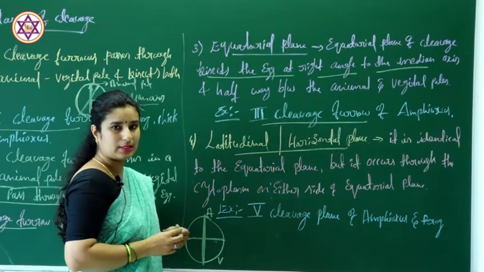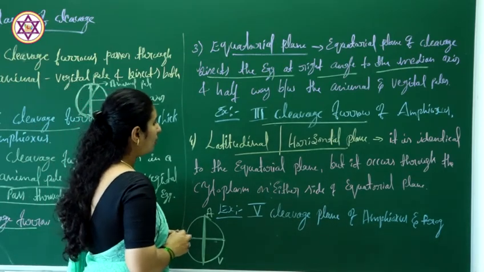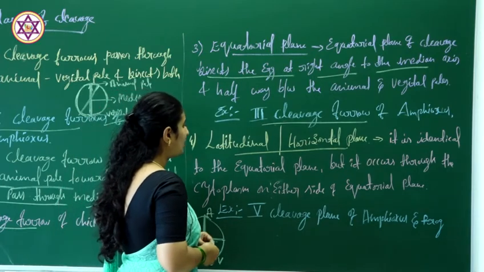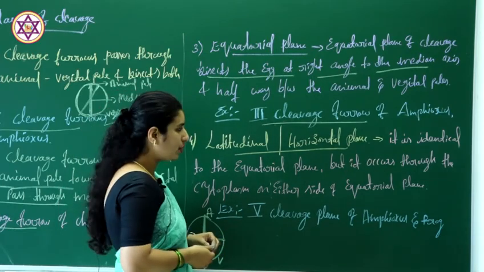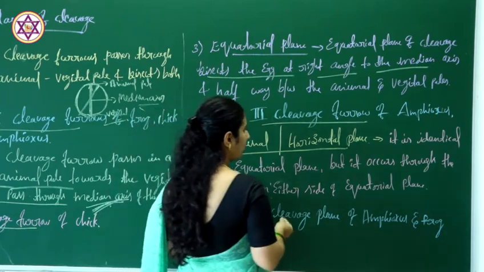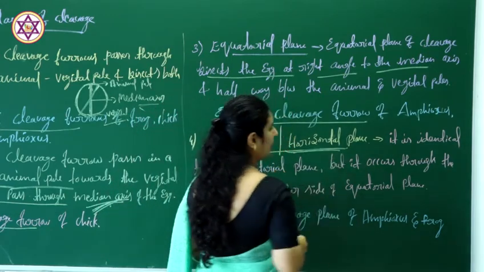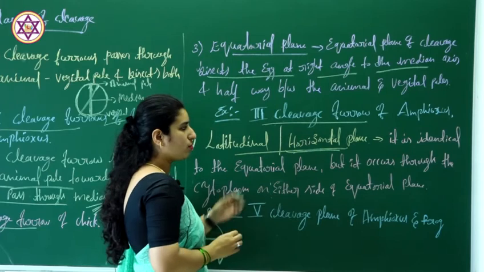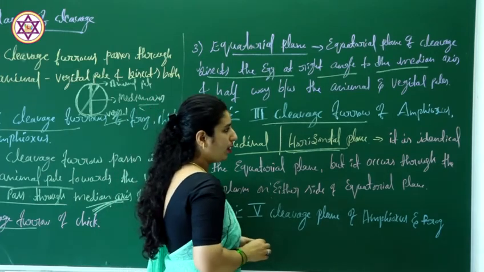And the fourth one is the last plane. Here this is the latitudinal cleavage or the latitudinal plane or horizontal plane. We can also call it a transverse plane.